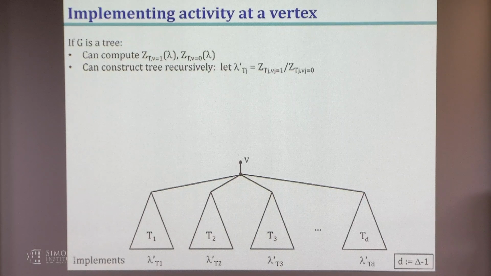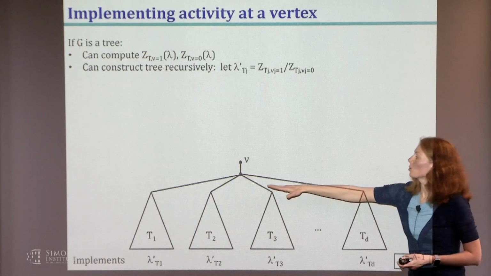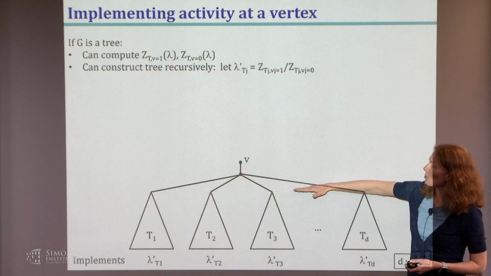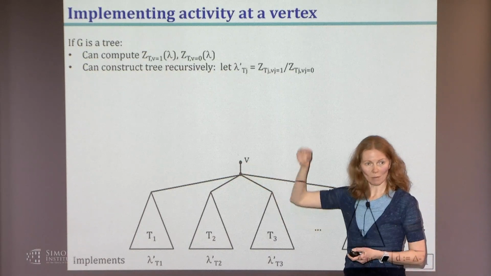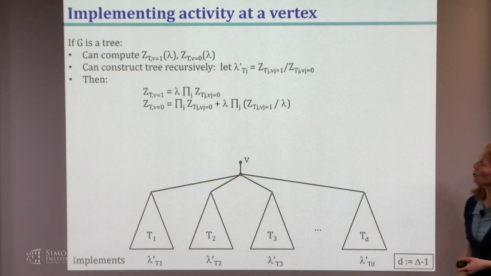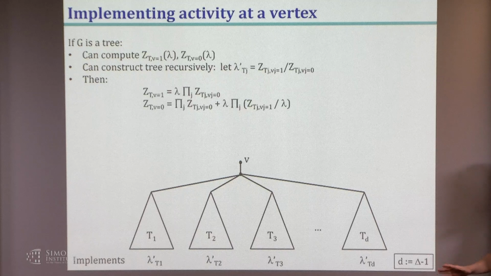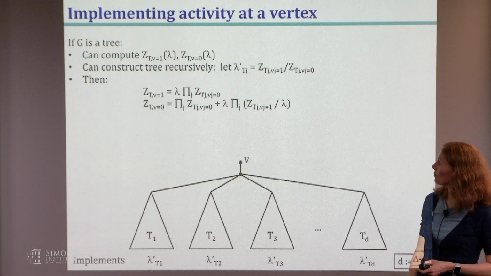Well, this is a small computation. I'm going to use d to be the degree minus 1. So I'm going to be merging degree minus 1 trees so that I have still one extra degree left for my vertex at top. And so what I get is the following. We can do exactly the same type of computation that we had before.